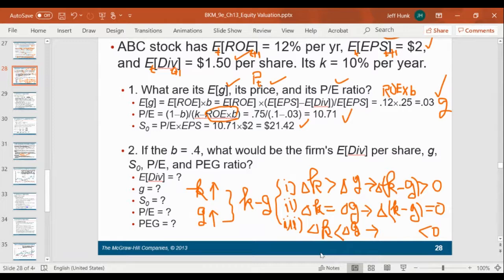If the change in G is so great, that means it's a very risky stock. Risk is like Tesla.